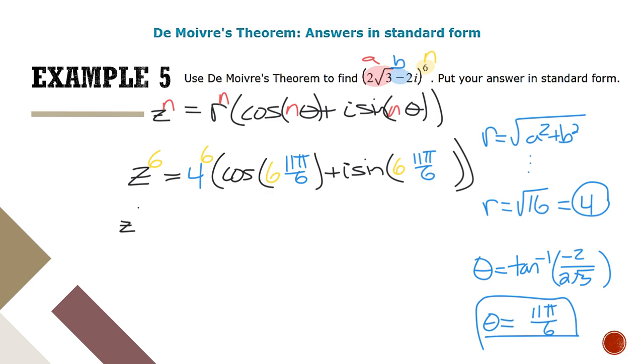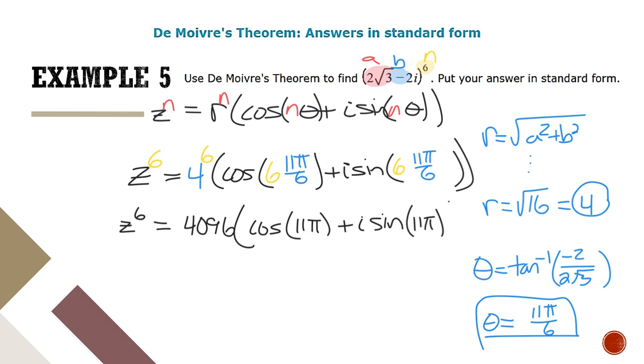So now we have z to the 6 is equal to 4 to the 6, which is 4096. Type it into a calculator. Remember, this is the cosine of just 11 pi plus i times the sine of 11 pi. In this case, this is coterminal with just pi again, which is not always the case.